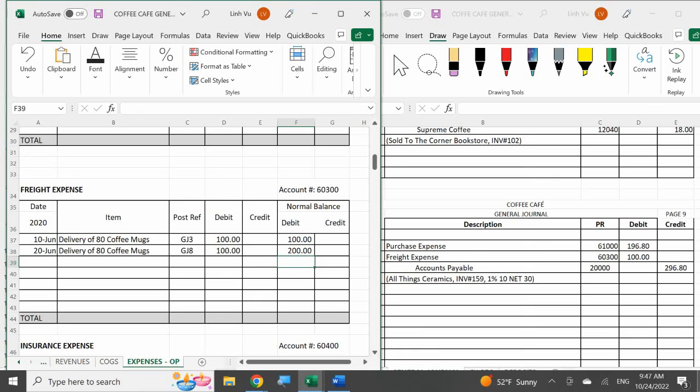Accounts payable. We already did the accounts payable. What did we buy? We bought coffee mugs. What is coffee mugs considered? Inventory. Okay, there you go. So we got to update our inventory, right? Right.